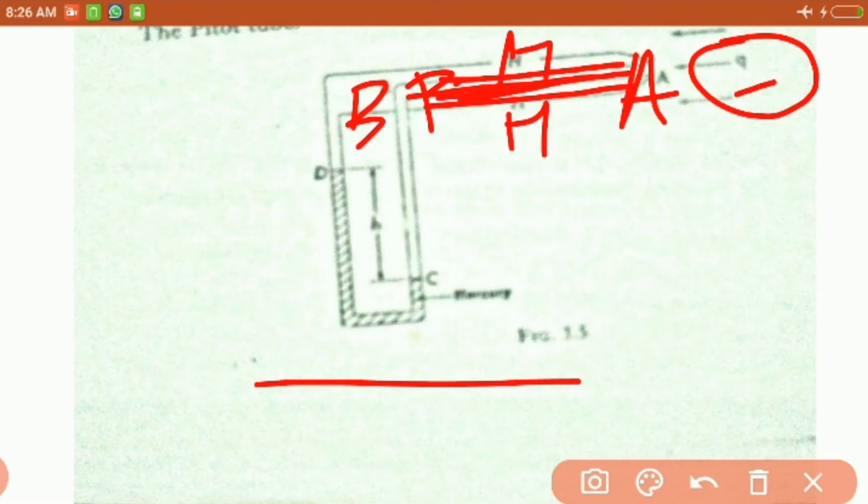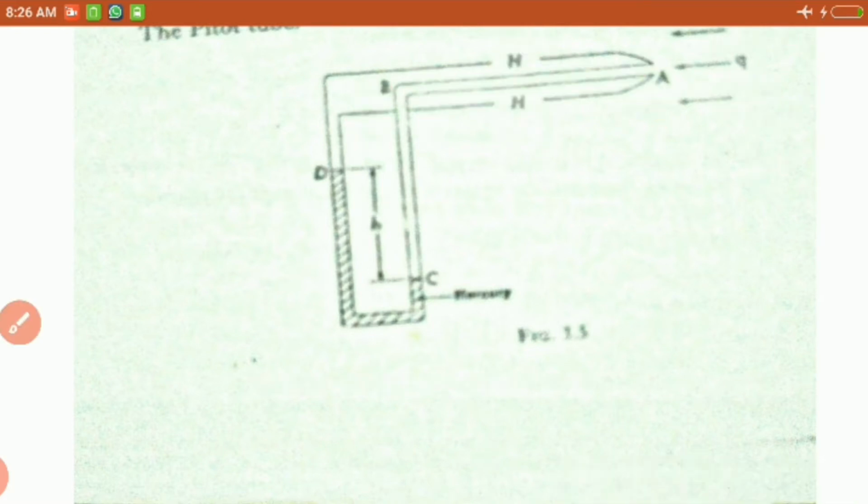Then this q is the fluid velocity, and P is also the pressure on the inside and outside of this tube, where this is the hole.